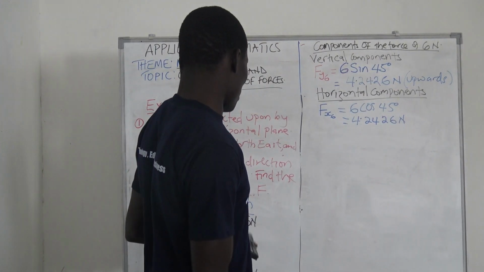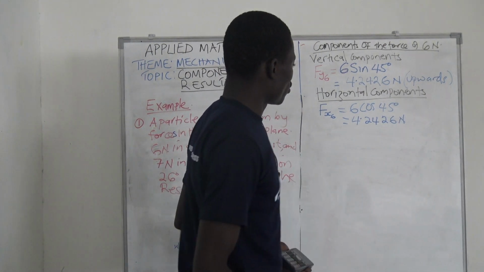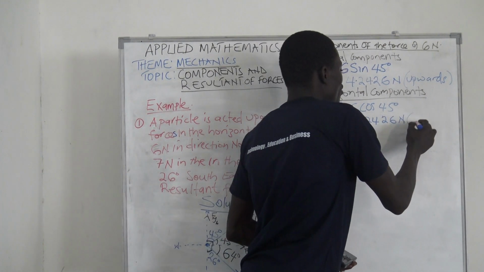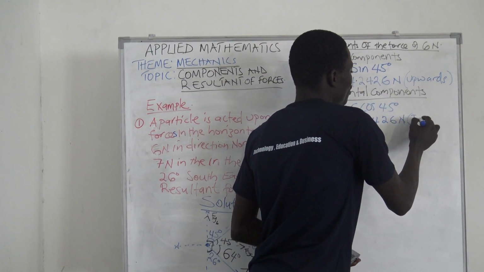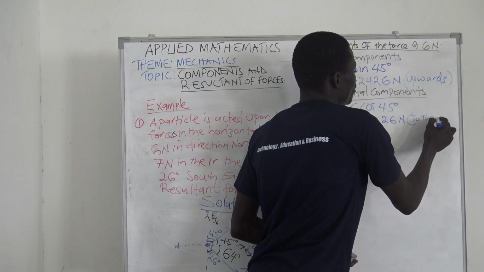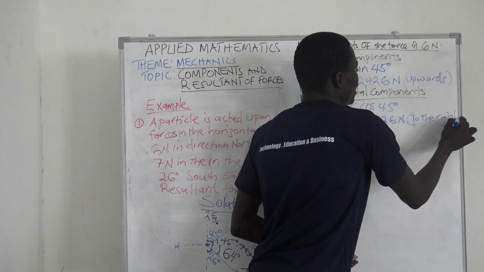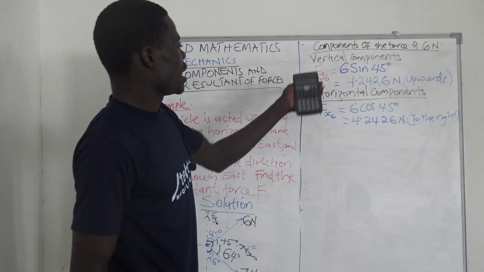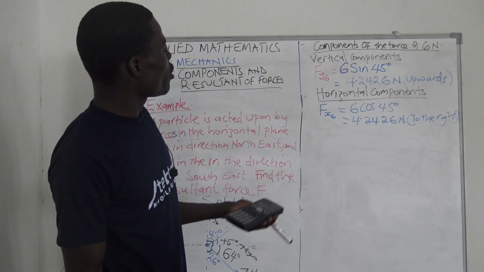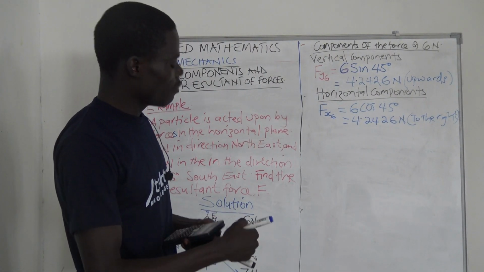Newtons are units of force. In which direction? We can say to the right or to the east. Then we are done with it. Those are the components of the 6 Newton force.